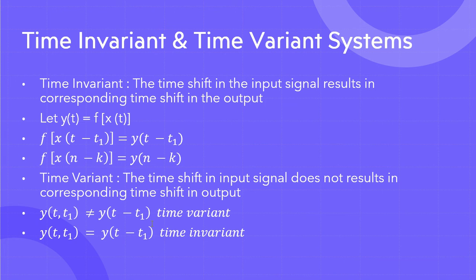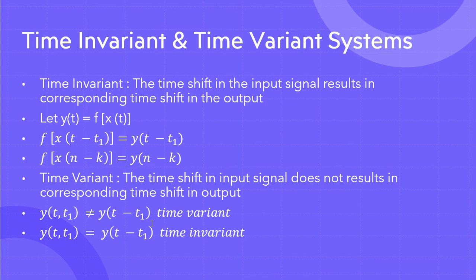So what is the time variant property, or when do we call a system a time variant system? When the time shift in the input signal does not result in a corresponding time shift in my output signal, right? Which means if I give a 5-second delay to my input, the output is not changing. The output remains as it was before giving the delay.